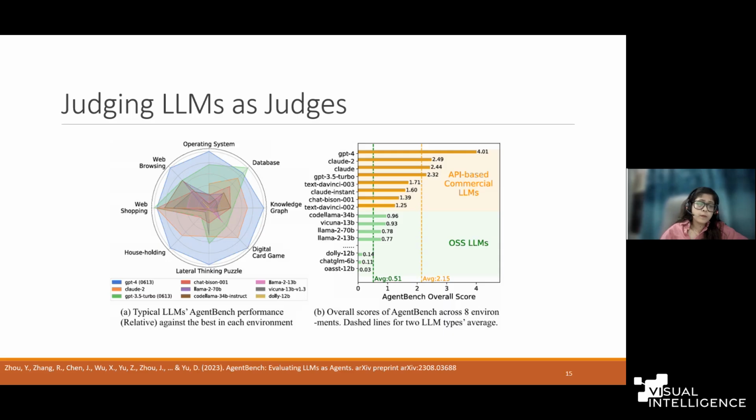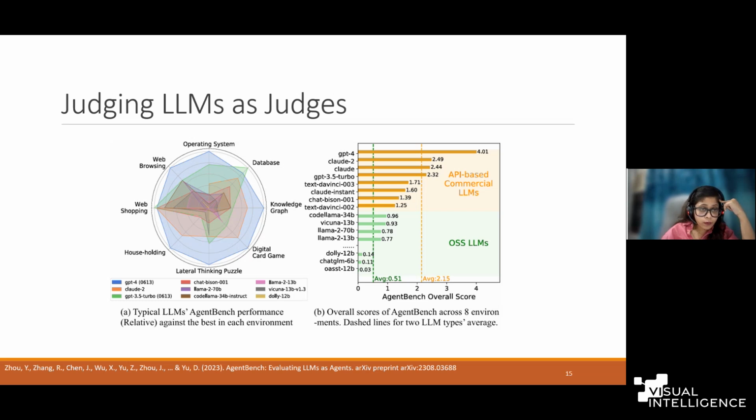So this is an example from Agent Bench, which was a work that was done to evaluate the LLMs as judges. So all these models like GPT-4, Claude 2, Claude or Llama, everything was used as LLM as judge on different data sets. For example, all of these are mentioned here basically, like digital card game, web shopping, and other things.